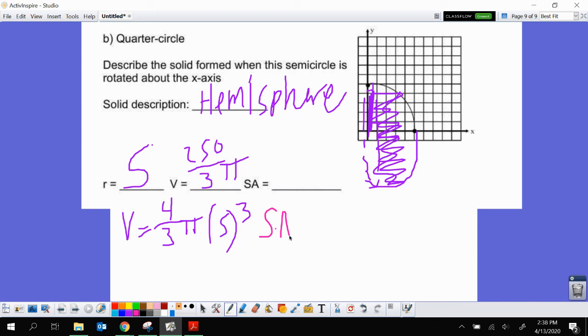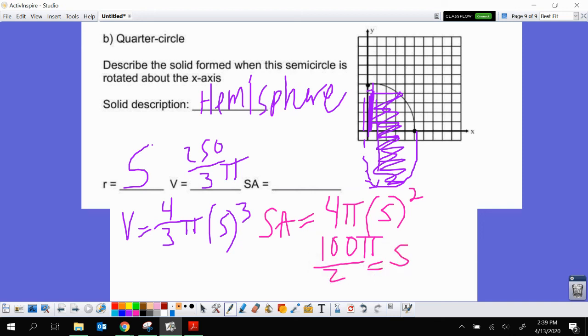The surface area is where we have to think a little bit more. Surface area of a sphere is 4 pi r squared, so that'd be 4 pi 5 squared, which would be 100 pi. The problem is when we get the surface area of a sphere, we need to cut that in half because that is a hemisphere. But what we're not taking into account is that in a sphere, this circle part here was originally not exposed, but now since we've cut it in half, it is being exposed.